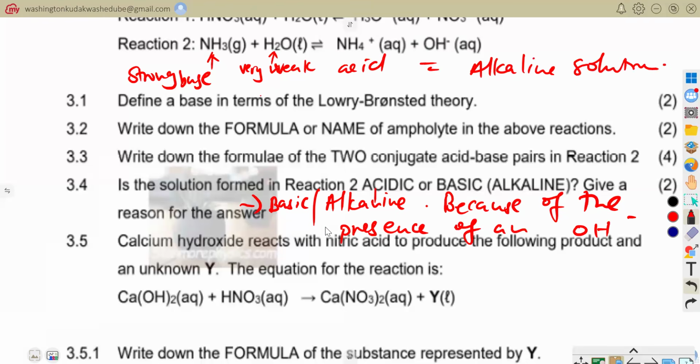But however, according to Arrhenius, once we have got OH minus ions being present, we know that it becomes an alkaline solution.